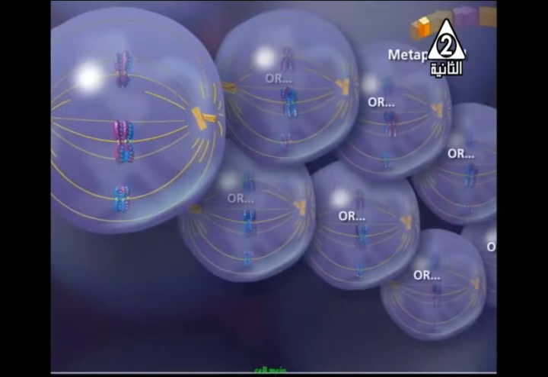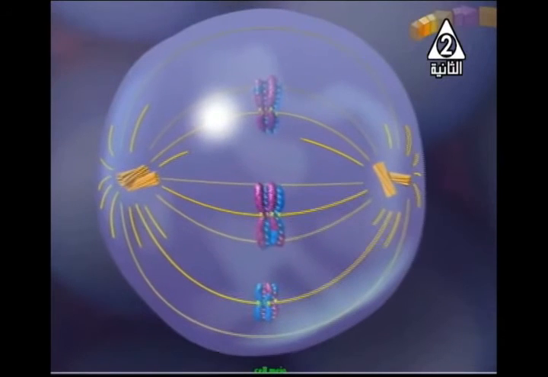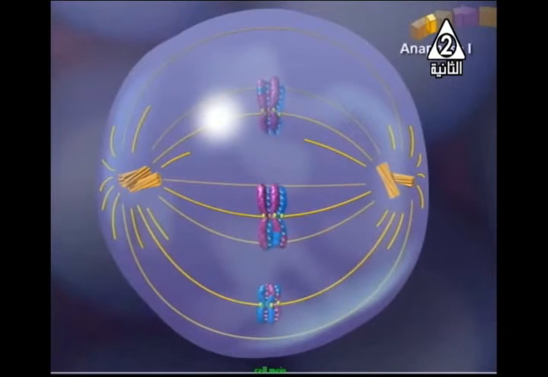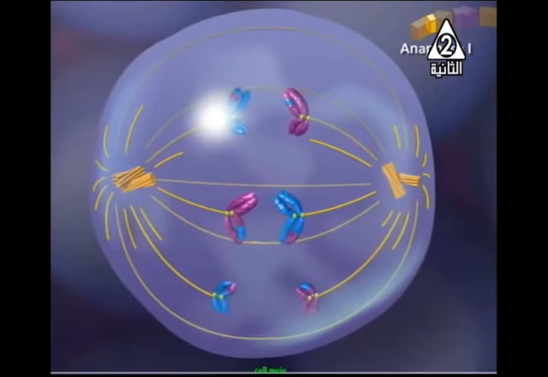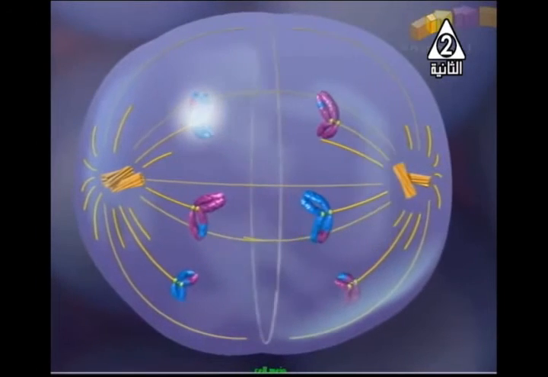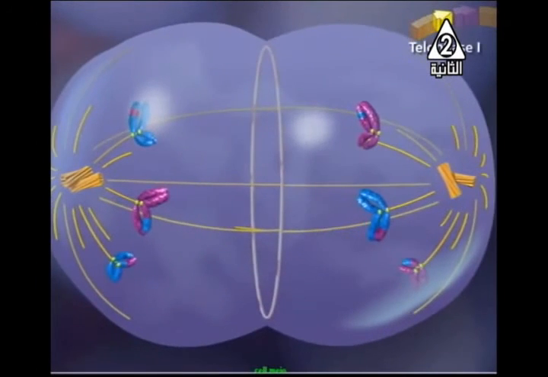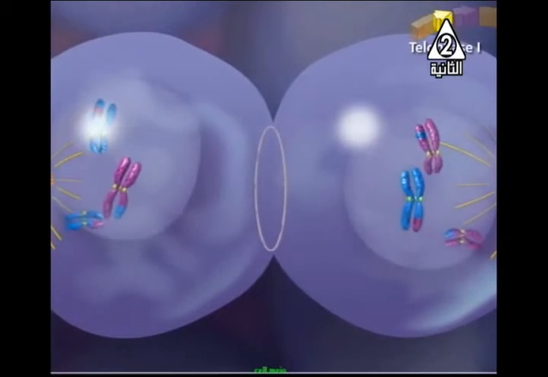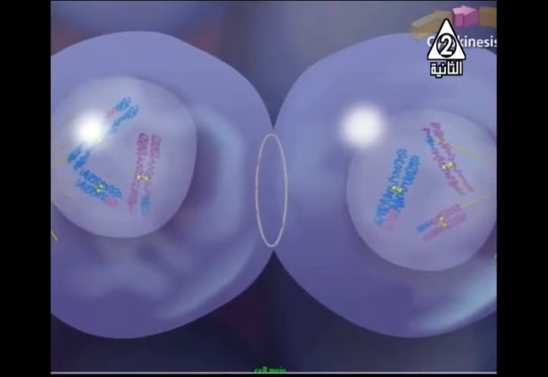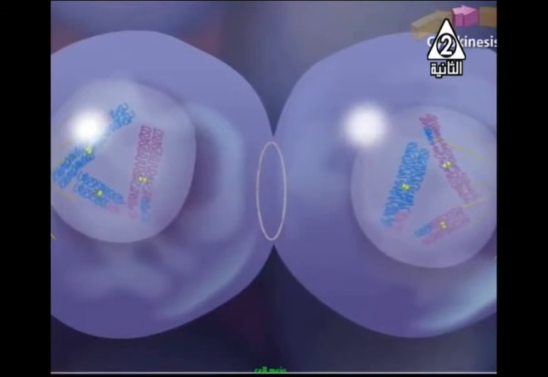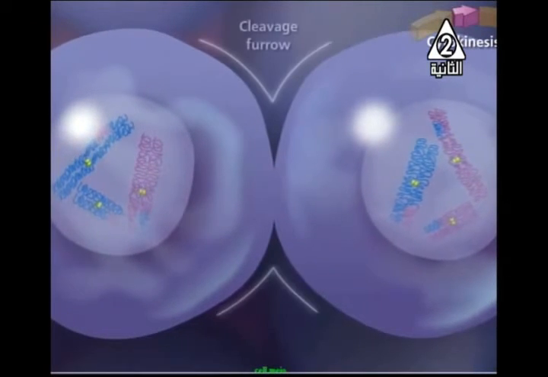Then the cell is ready to go to the metaphase, where the tetrads are arranged at the cell equator in the same figure. Then the cell enters anaphase 1. The spindle fibers shrink to split the tetrad into two chromosomes that migrate to the cell poles. So each cell has two sets of chromosomes, one at each pole.